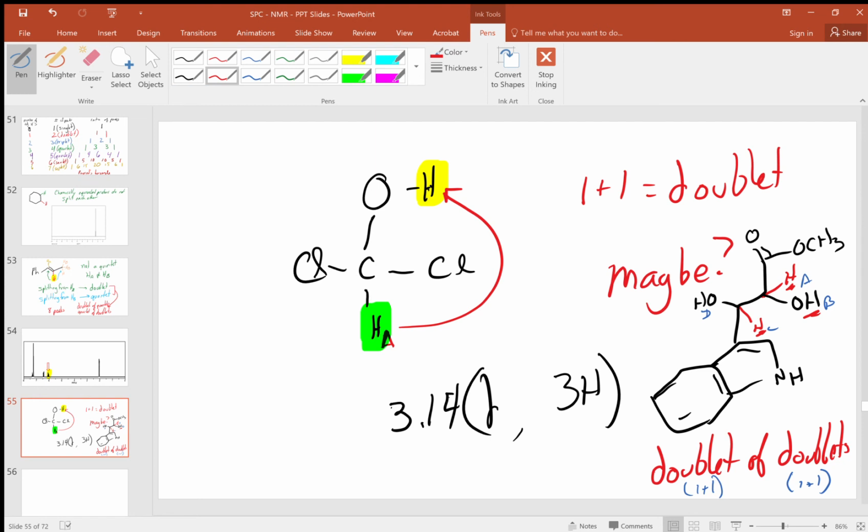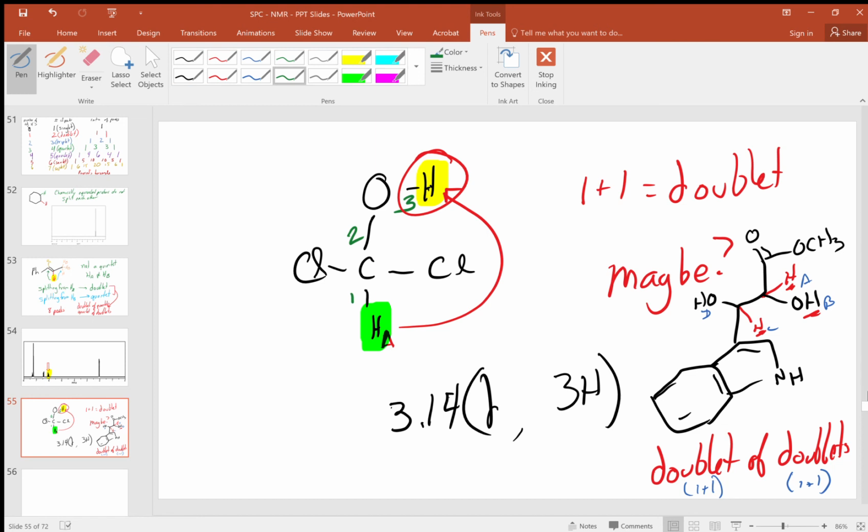If you said that it was a doublet because this OH proton is adjacent, and we know it's adjacent because it's 1, 2, 3 bonds away, that would be correct. At the same time, if you told me it was a singlet because we don't see splitting through oxygen, that would also be correct, and you could justify that answer.